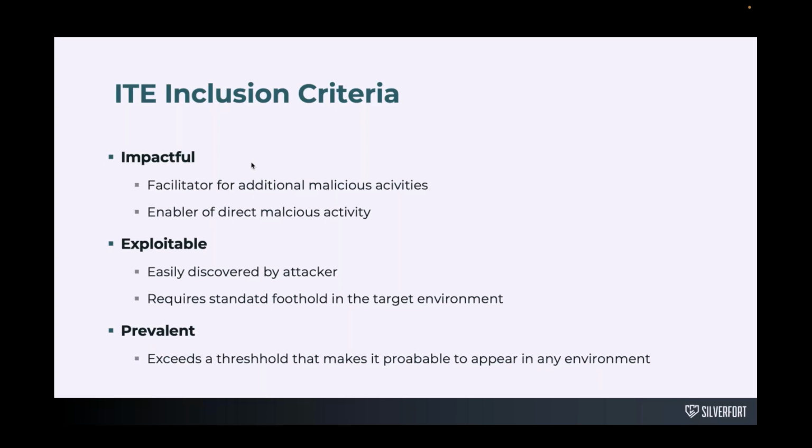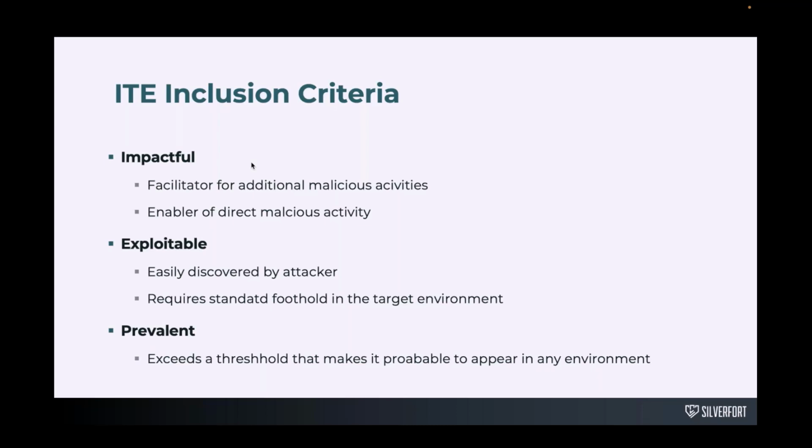We've seen ITEs that are common, and we've seen ITEs that are very unique. For example, some users are configured without pre-authentication. This exposes them to an AS-REP roasting attack, but this is an extremely uncommon ITE. So even though it's risky and exposes you to attack, it's not one that you're likely to encounter in your environment.